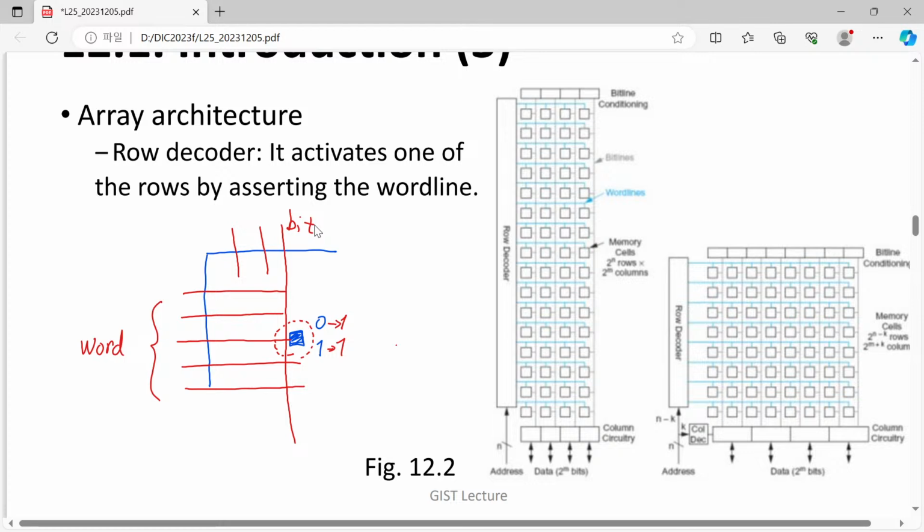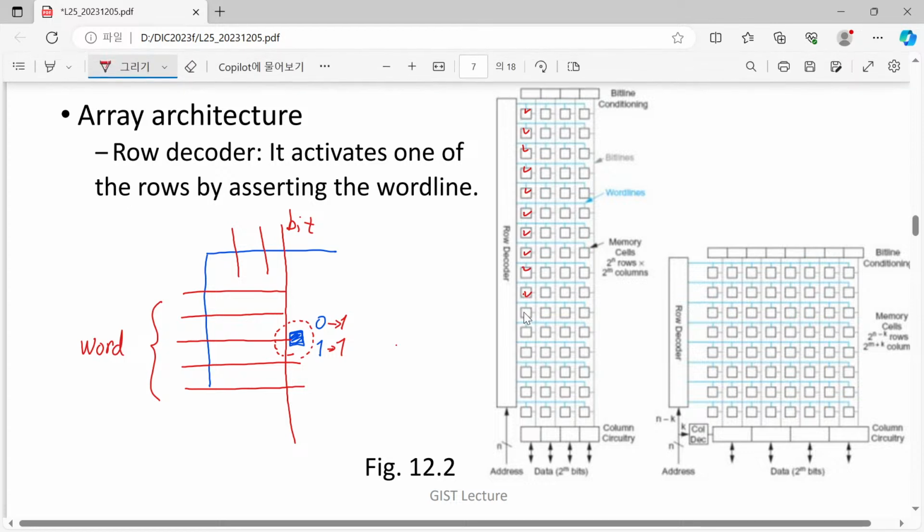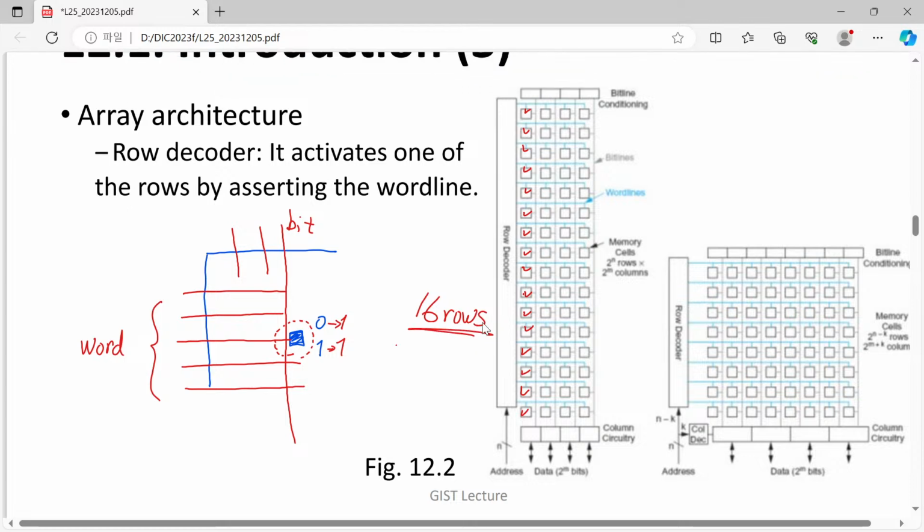And you know that, so one thing is here. For example, let's count it. 1, 2, 3, 4, 5, 6, 7, 8, 9, 10. 1, 2, 3, 4, 5, 6. Here we have 16 rows. Then how can we access a certain row or certain word?